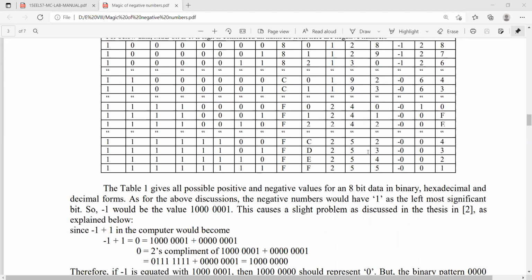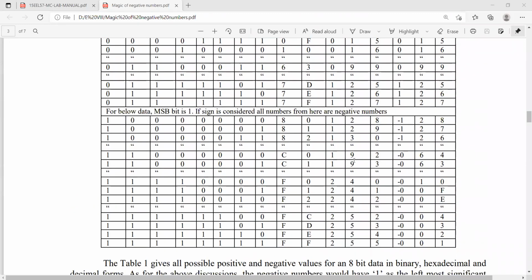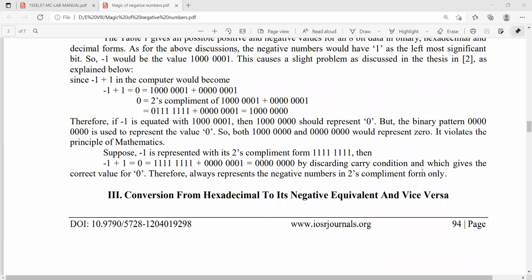Without considering the sign, the numbers start from all zeros to all ones, that is FF, whose equivalent decimal number is 255. But moving from this side, it is minus 1, minus 2, minus 3, up to minus 128. These are the representations of the numbers.